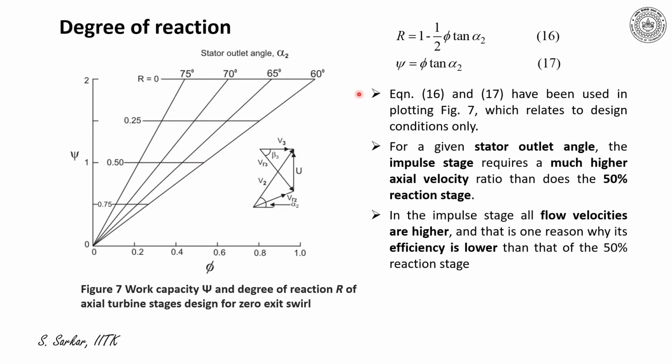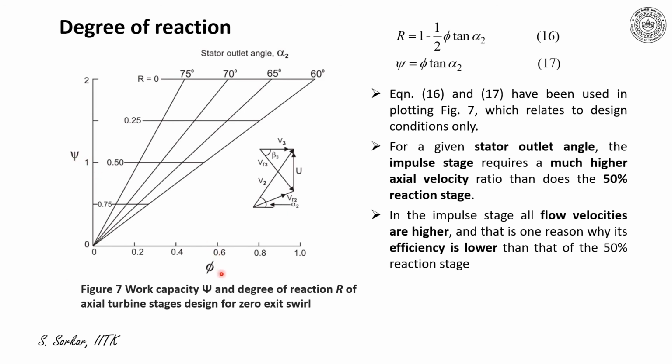Now equation 16 and 17 have been used in plotting figure 7, which relates to the design condition only. Figure 7 represents the work capacity psi and degree of reaction r of an axial turbine stage, where the exit swirl component is 0.